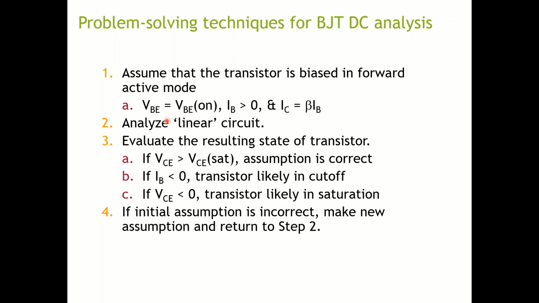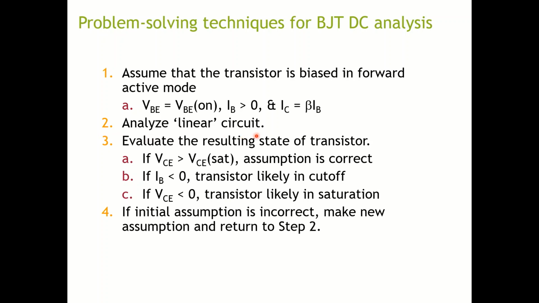Therefore, you have V_BE equal to V_BE(on). The base current is larger than 0, so it's not cut off. And then the collector current is dependent on the base current with a given factor, beta.